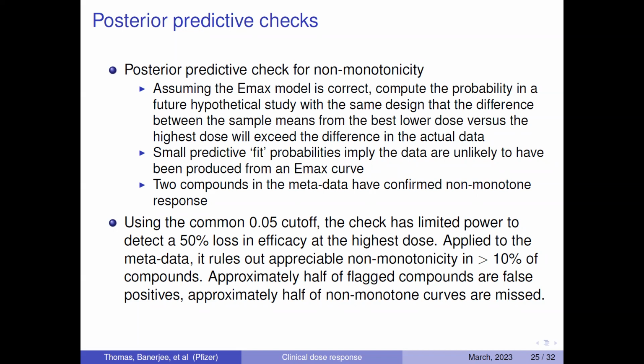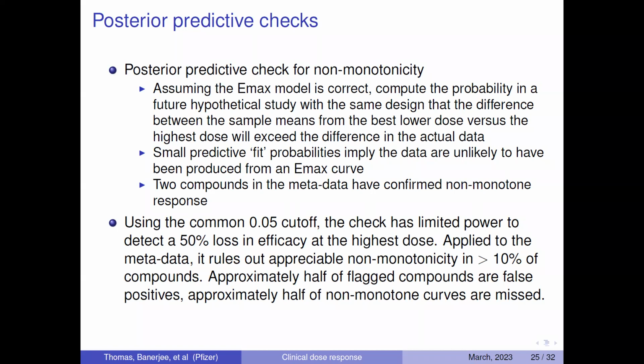For example, if we were to lose half the effect at the highest dose versus the best of the lower doses, that would be an appreciable loss of efficiency. It would certainly impact the fit and the appropriateness of the model if we were to see that occurring. And it turns out we have limited power to detect that. Not too surprising, given how noisy the data tends to be.